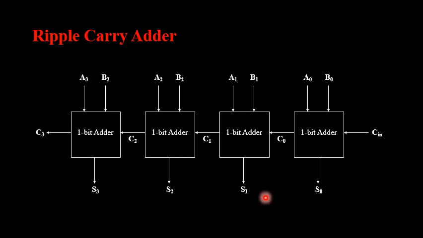So from this I can conclude that whenever I am making use of a ripple carry adder cell, each and every individual adder cell is going to perform its operation, or in other terms it is going to yield the output in terms of sum as well as carry output, only when the previous carry output is generated.